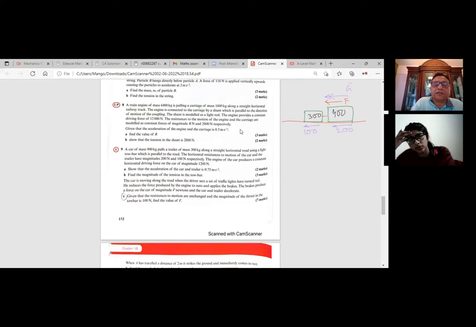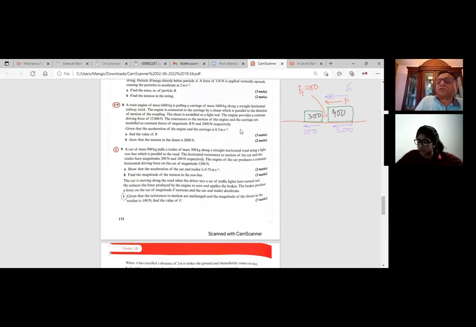Given that the resistances to motion are unchanged, 100 and 200, and the magnitude of the thrust in the tow bar is 100, this Ft is now 100. Find the value of F. This is the situation. You get the idea?